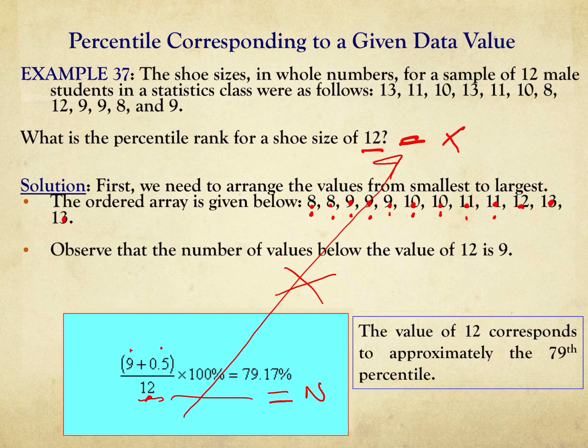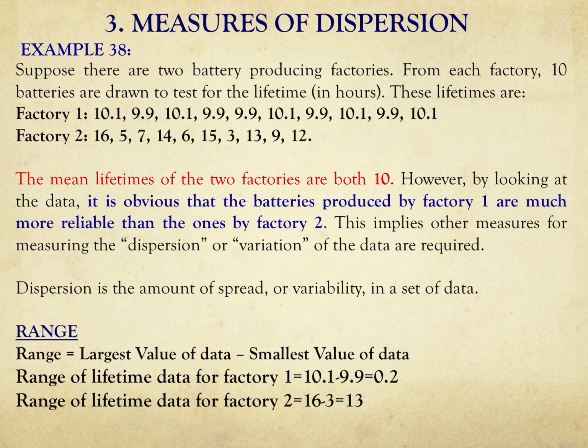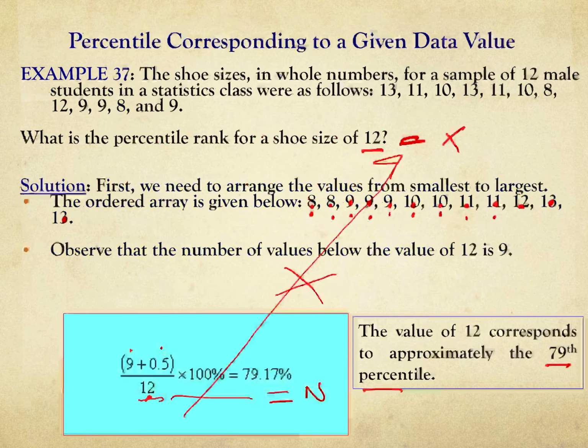So that is how we got that 12. The answer is 79.17. The implication is the value of 12 corresponds to approximately the 79th percentile. That's the position of value 12 in the data set.